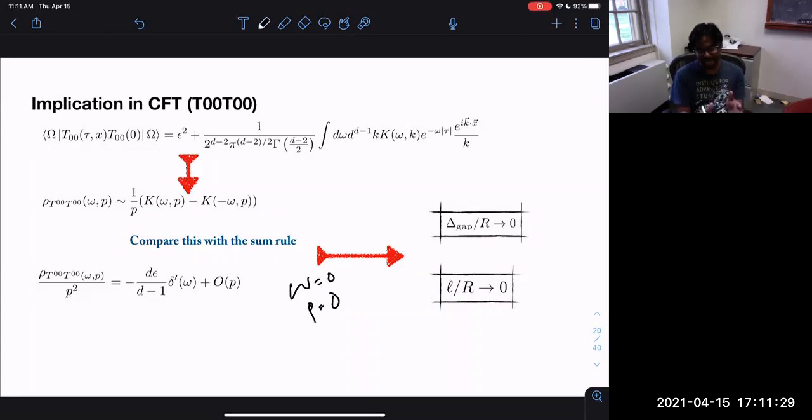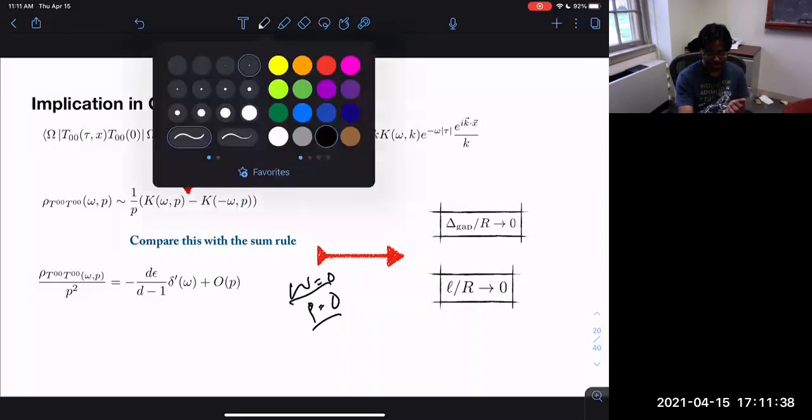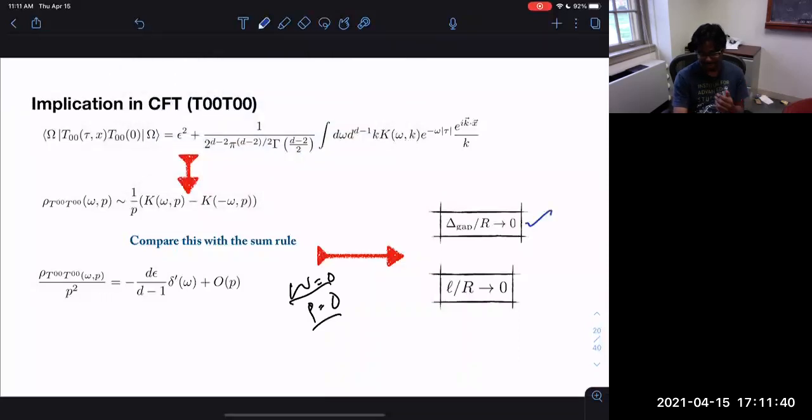And this fact that it has support at omega equals 0 and p equals 0, because you are taking the p going to 0 limit, immediately boils down to these two equations here, which are delta gap over R goes to 0 and little l over R goes to 0.